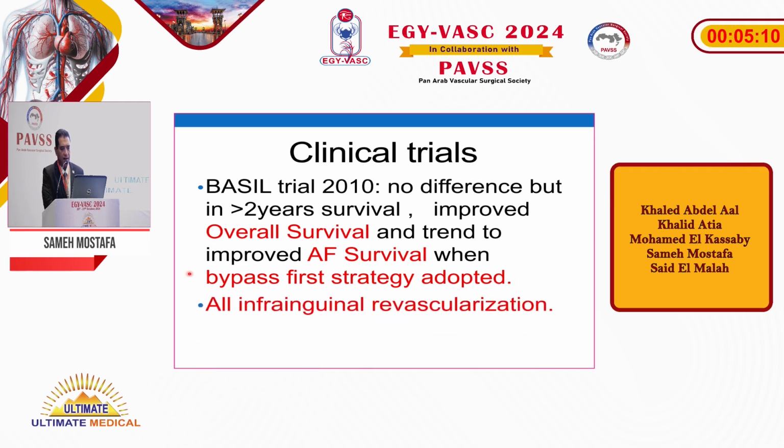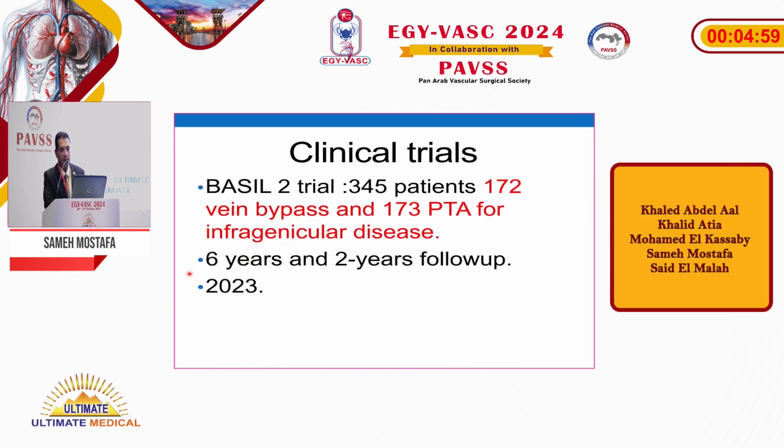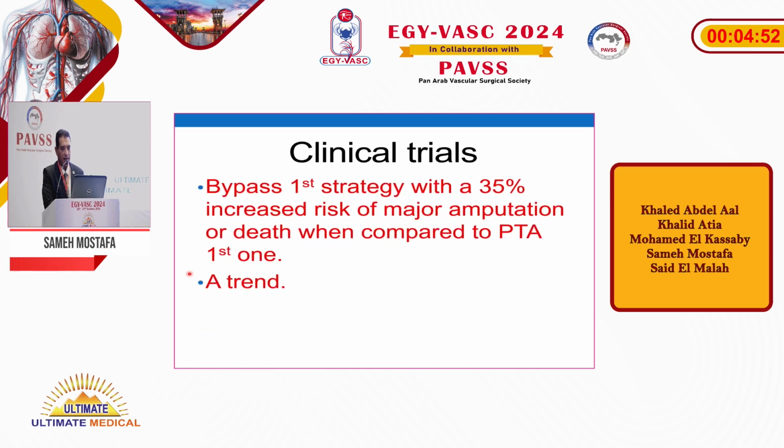But this trial discussed all infrainguinal revascularization and was not dedicated to the below-the-knee disease. However, the dedicated trial BASIL-2 to the below-the-knee disease, published in 2023, stated that the bypass first strategy had a 35% increased risk of major amputation and death when compared to angioplasty as a first option.